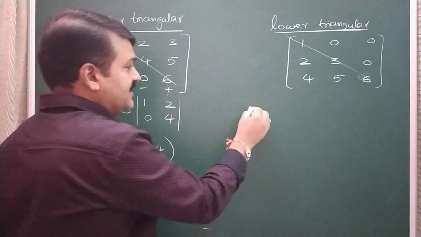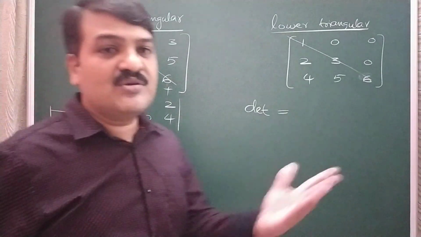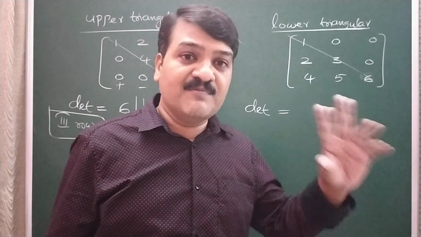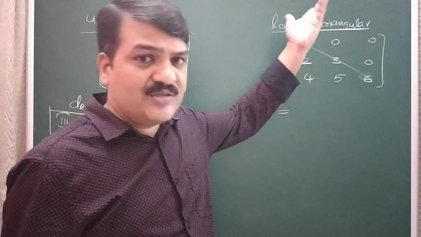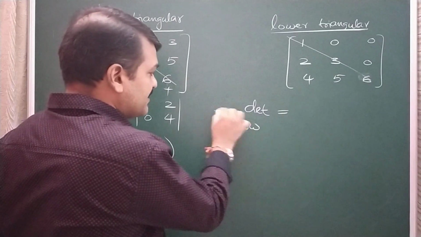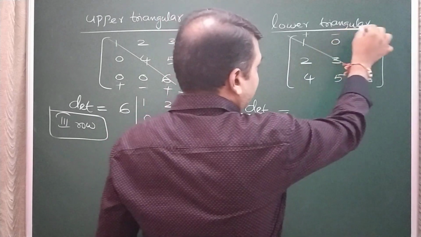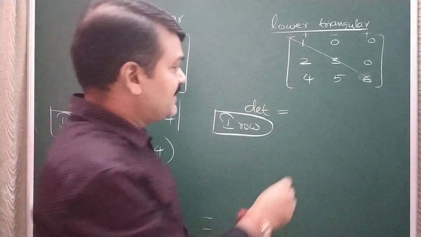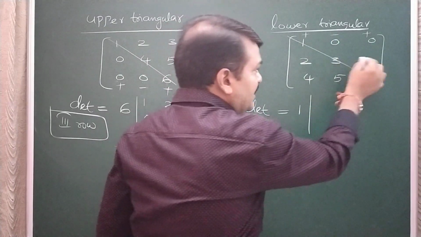Let us check. I will find the determinant of this. Which row or column will you use? Try to use that row or column which has zeros. In the first row, 2 zeros are there, so I will use the first row. It's very easy if I use the first row. First row signs: plus, minus, plus. So 1 into its minor first. Remove this row, this column.